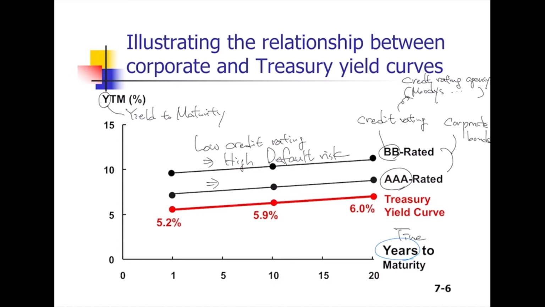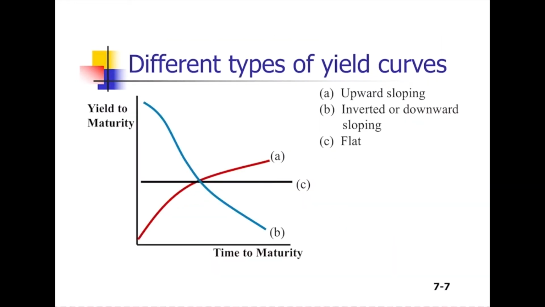It means high yield to maturity, high required rate of return. Finally, it should be discounted more, right? High discount rate. Yeah, that is the conclusion of this slide. Usually, yield curves are upward sloping, the A type, but sometimes we can see downward sloping and flat.